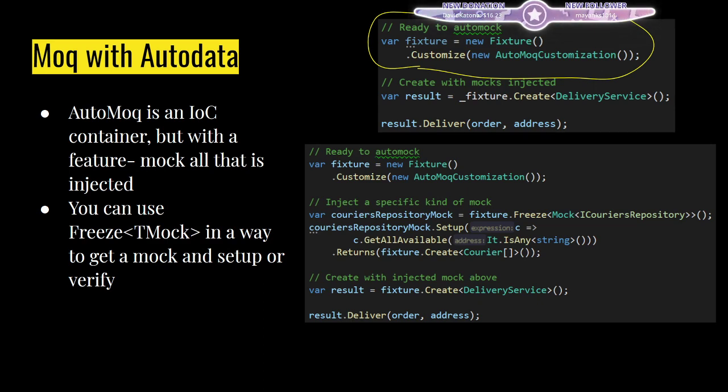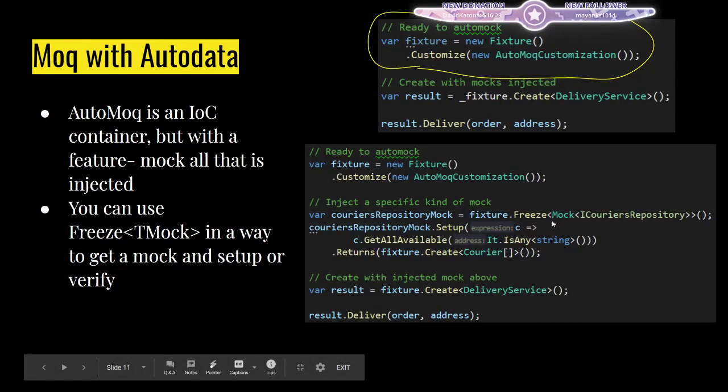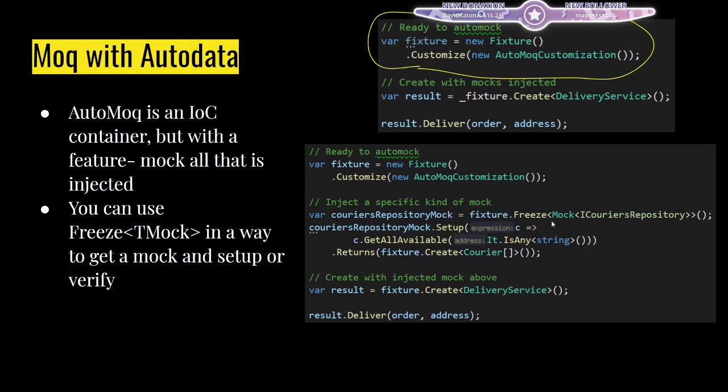In other example, you can see another thing. Here I used freeze method to freeze the mock that Autofixture creates. So basically now I say that if my delivery service had a dependency from courier's repository, by calling freeze method and saying I freeze courier's repository mock, this now means that when Autofixture injects the mock to the delivery service, it will inject the mock that I configure.